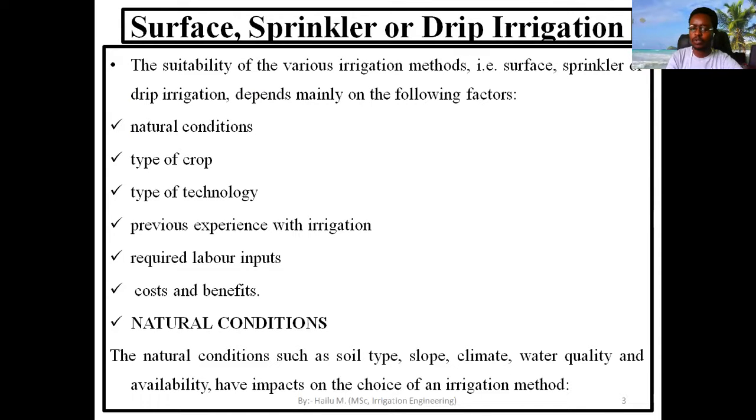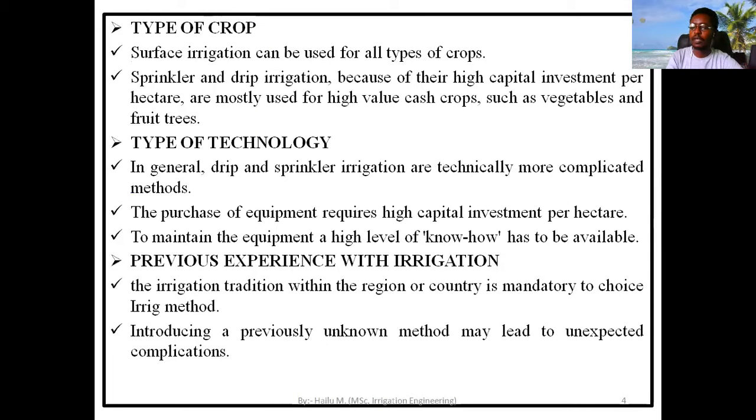Natural conditions such as soil type, slope, climate, water quality and availability, as well as other natural conditions, have impacts on the choice of any irrigation method.